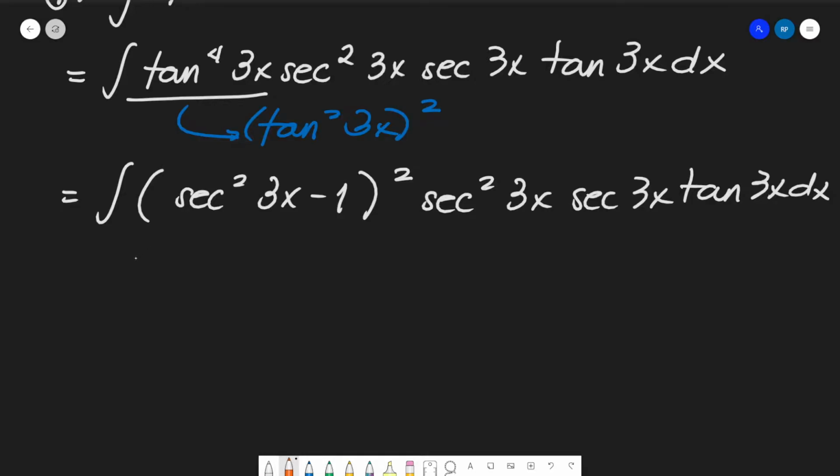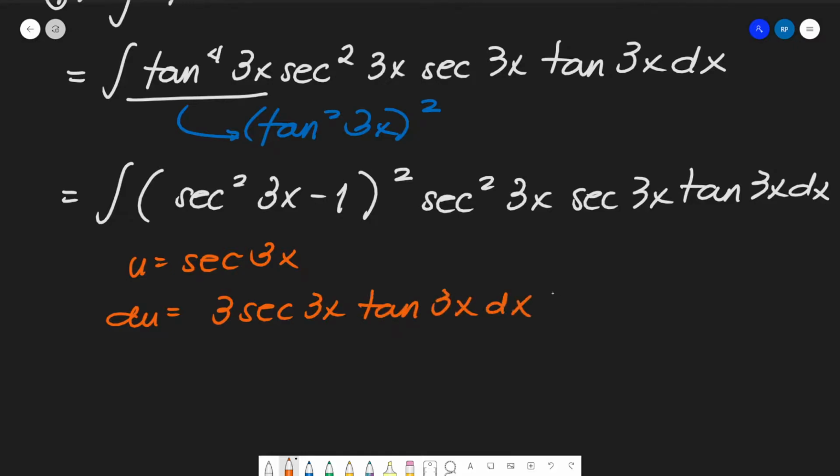So, obviously, u is secant 3x. And kapag kinuha natin yung differential, 3 secant 3x tangent 3x dx, which will equate to 1/3 du.